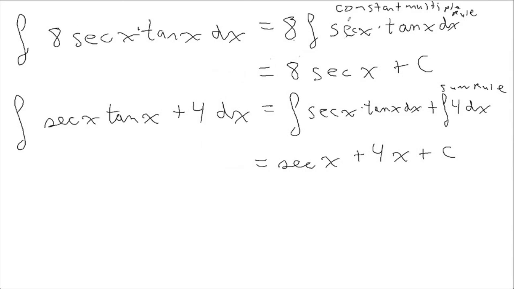But in this problem, you really did take the antiderivative of the 4. Because notice the 4 cannot get out of this integral until you take its antiderivative. The sum rule does not take the 4 out of the integral. It just takes it out of one big cell and puts it in a smaller cell. So we've separated the 2 prisoners into 2 separate cells, but the 4 is still inside the prison. You still have to take its antiderivative to get out.